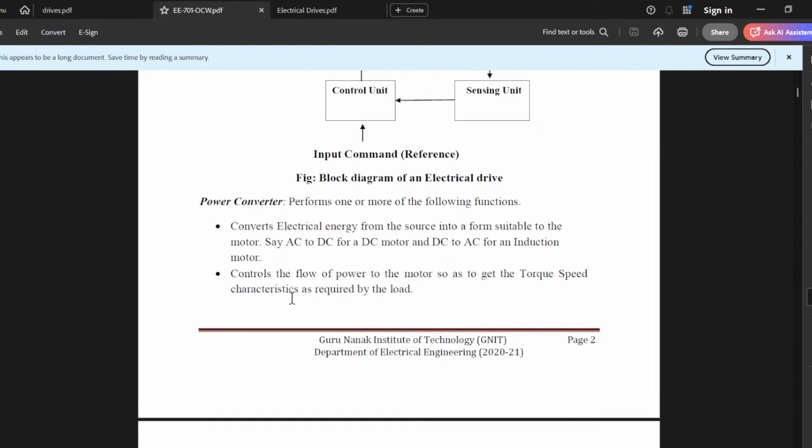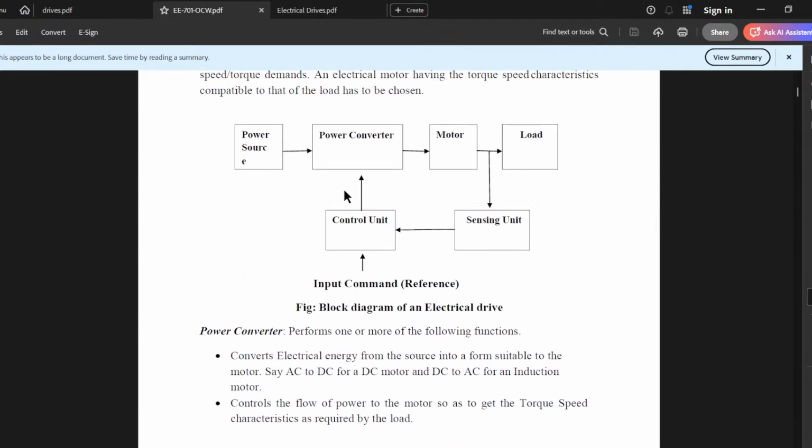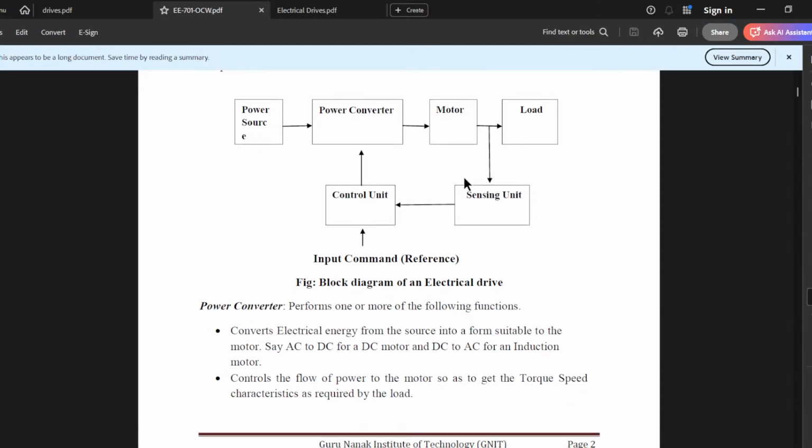Next, it controls the flow of power to the motor so as to get the torque-speed characteristics required by the load. Now we got the type of current we need according to the motor.